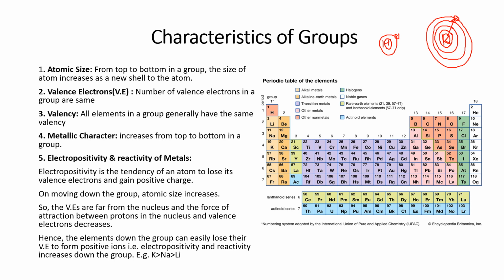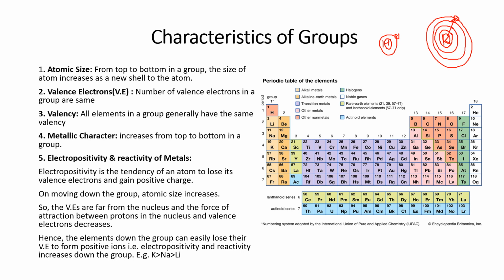So when the atomic size increases, they can leave electrons easily and their metallic character will increase, because we know every metal leaves electrons, and their metallic characteristic is due to delocalized electrons. So when elements in a group go from top to bottom, their metallic characteristics will increase.